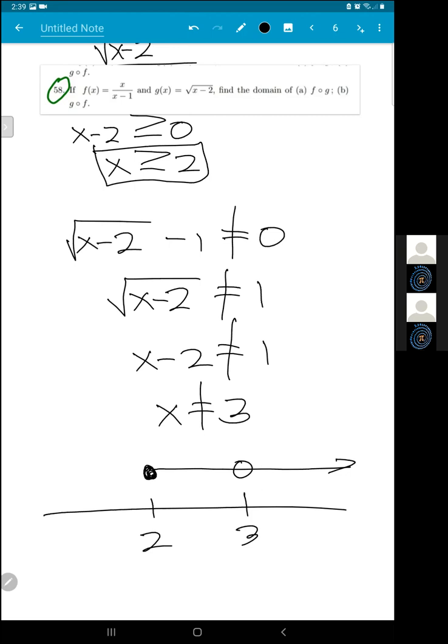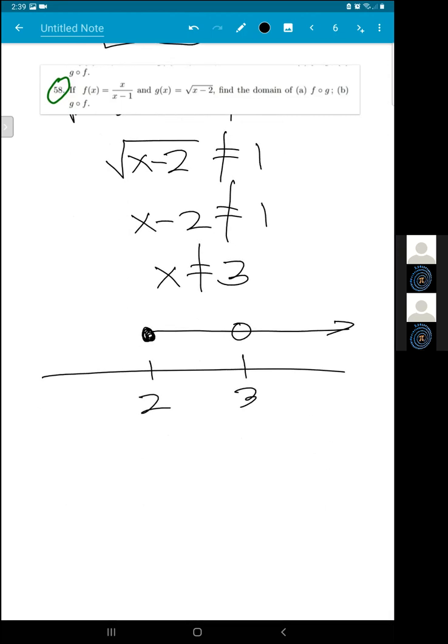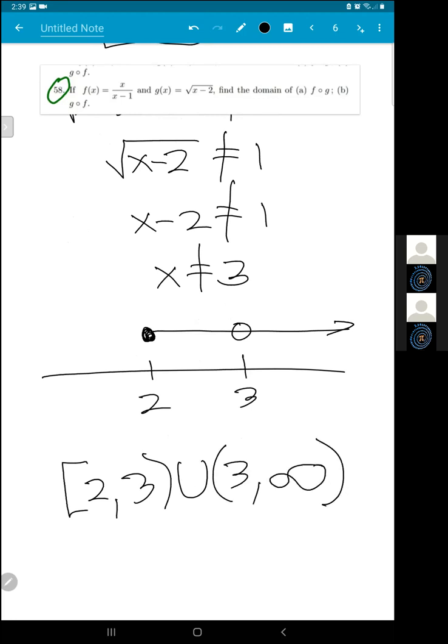So if you are required, as you will be, to write down your answer in interval notation, you just exclude 3. So [2, 3) union (3, infinity). That's your domain. Okay, any question on this?